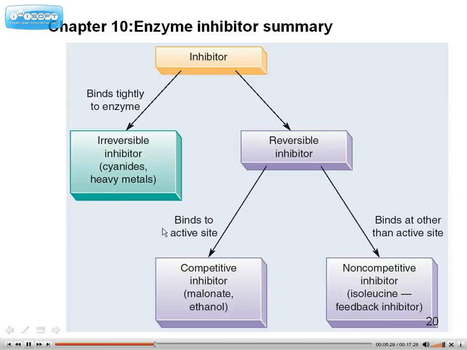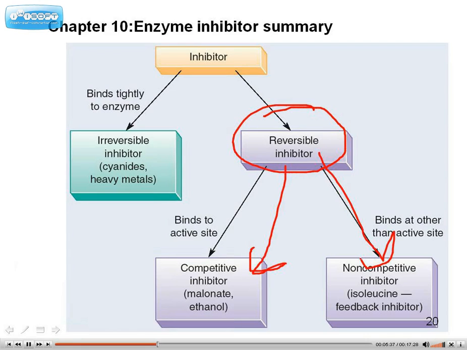Let's go to a much better looking slide here. So for competitive and non-competitive, the inhibitors are always temporarily bound. The reason for this is the inhibitors allow us to slow down or even stop the enzyme, again, temporarily.